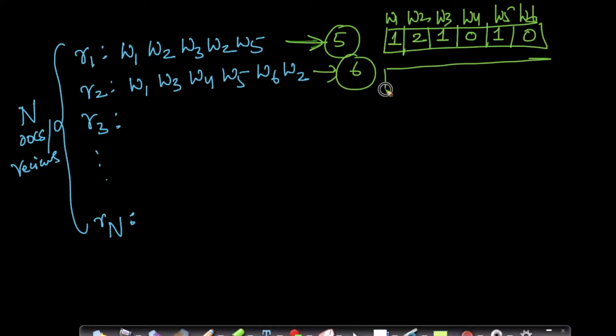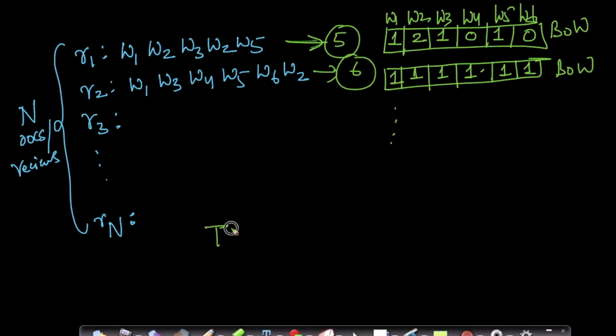This is the bag of words representation. Similarly, the bag of words representation for R2: W1 occurs once, W2 occurs once, W3 occurs once, W4 occurs once, W5 occurs once, W6 occurs once, and so on. Similarly, we can do it for all the documents or reviews we have.